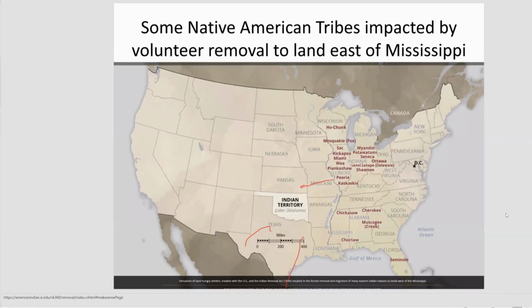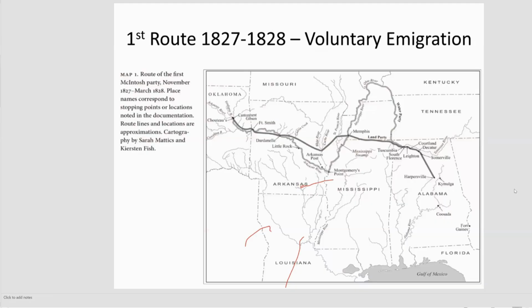These were some of the tribes impacted by the voluntary removal to the land east of Mississippi, or Indian Territory. So this is just showing us what Native Americans, which we already know. This is another visual of the voluntary emigration that went from Alabama.